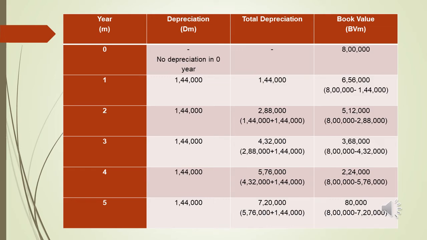5,12,000. Okay. Next you have to calculate BVM of third year. So BVM of third year will be again 8 lakh minus total depreciation of third year, that is 4,32,000. 8 lakh minus 4,32,000 will give me 3,68,000.